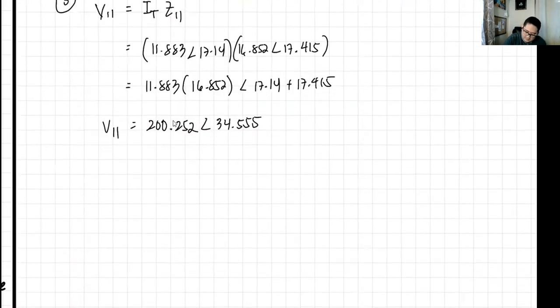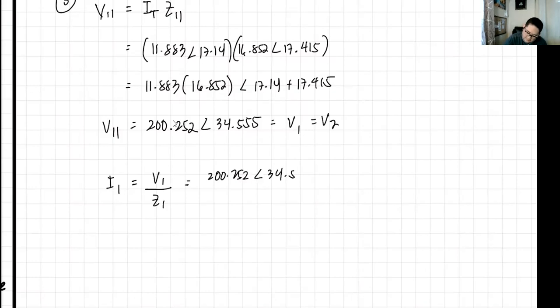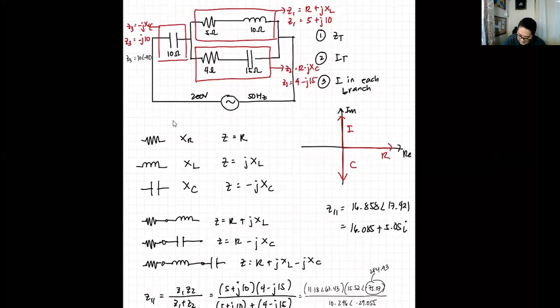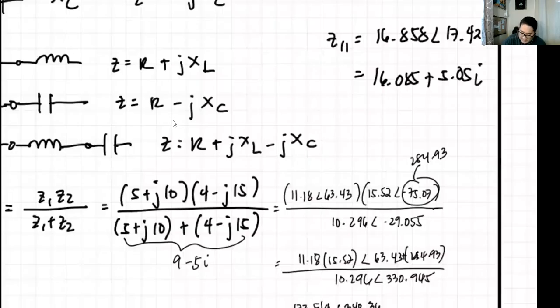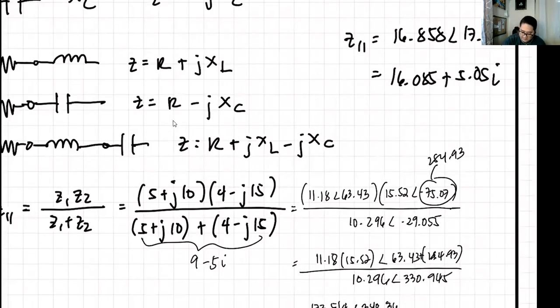Okay? So ito will be equals din sa yung V1 natin and V2 natin, and to get for the current, so that is V1 over Z1 natin. So this is 200.252 angle 34.555. Then yung value natin ng Z1 kanina, yung converted natin is ito, 11.18 angle 63.43.